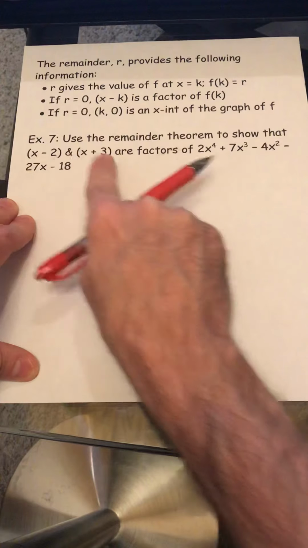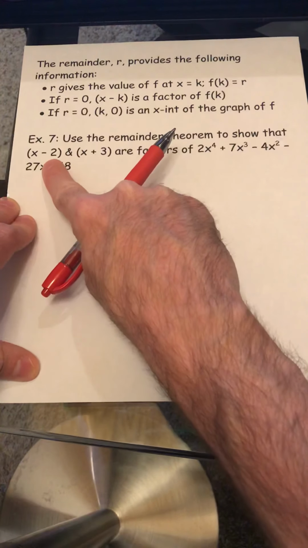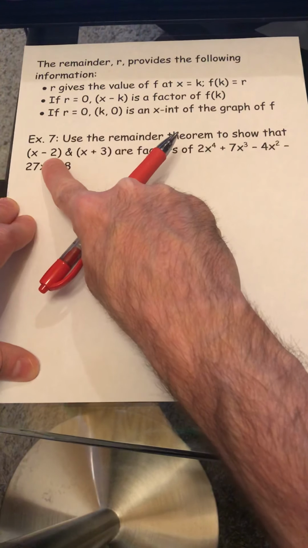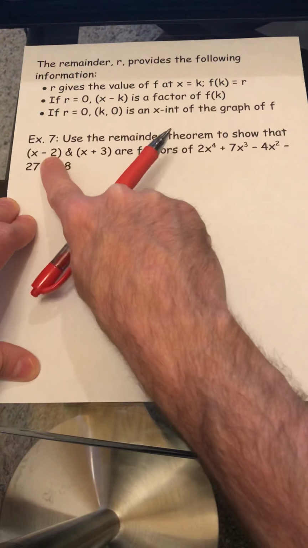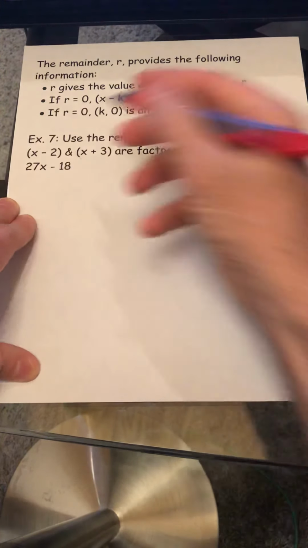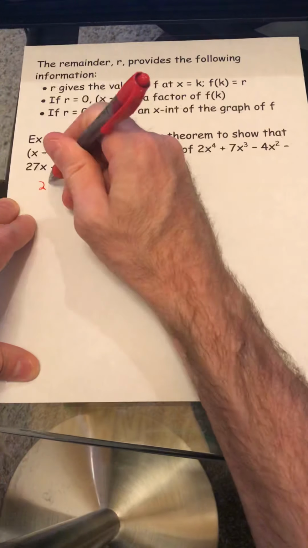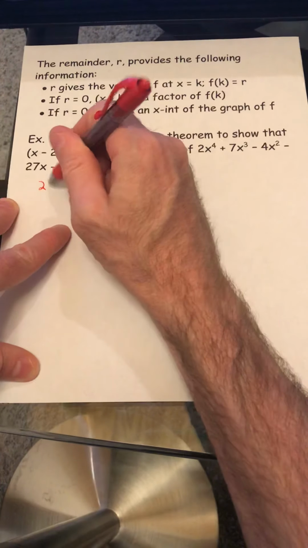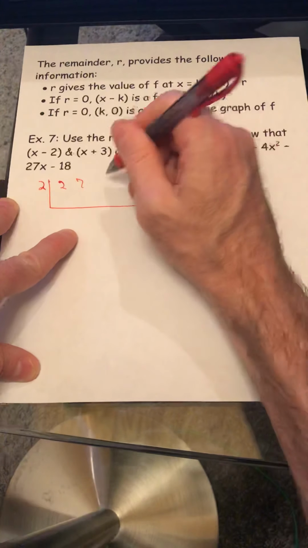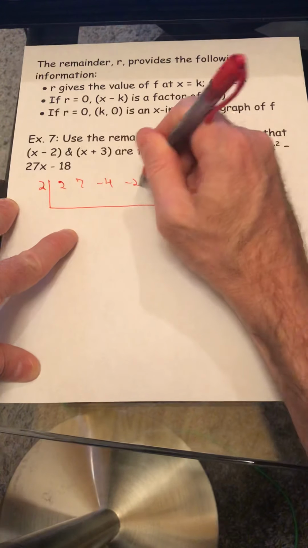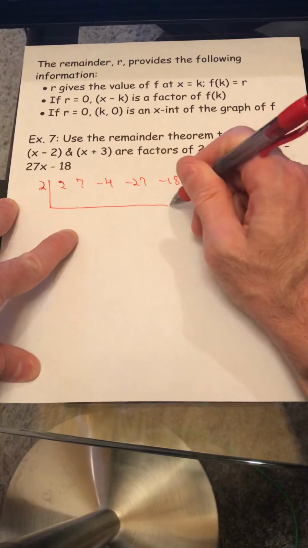Basically, we're going to pick one of these to start, whether we use the x minus 2 or x plus 3. If I use the x minus 2, I'm going to use 2 for my synthetic division. And then I'm going to put the 2, the 7, the -4, the -27, and the -18.